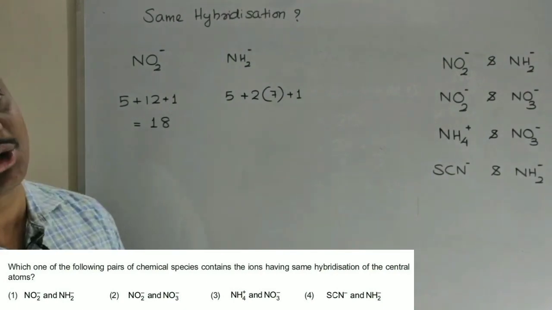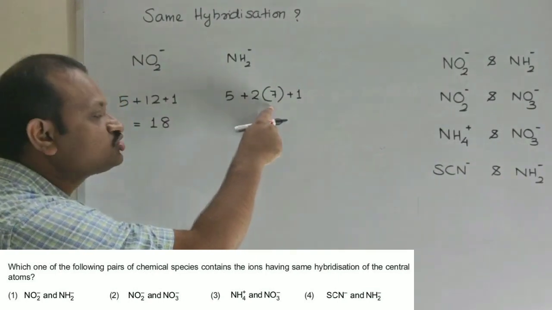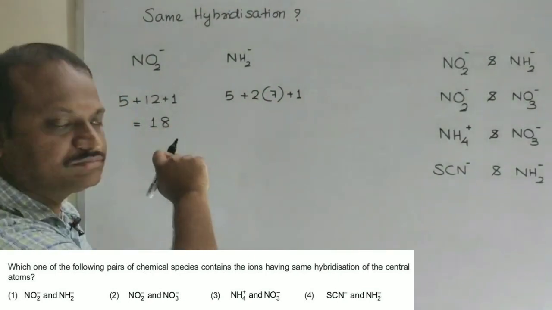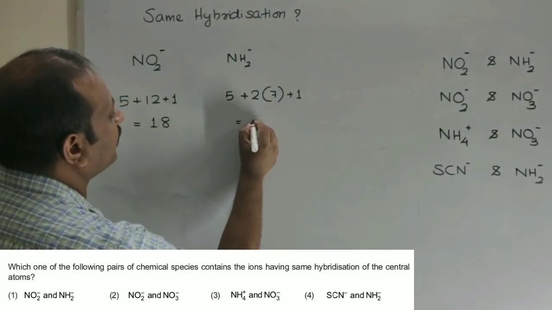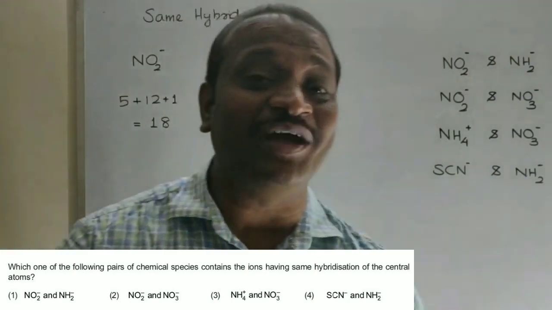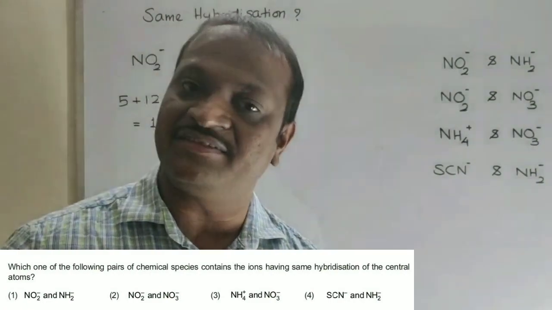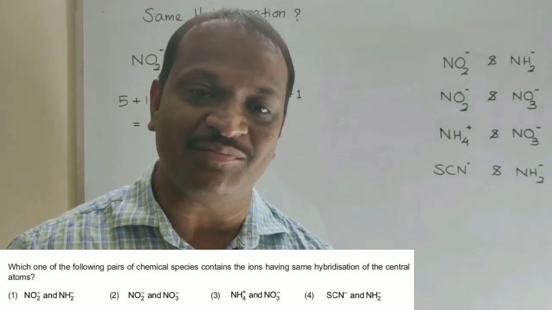So what will come as total? 2 into 7 is 14, so 14 plus 6, you are getting 20. I have got 18 in one case and 20 in the next case. By seeing this itself, I'll say that both of these do not have the same hybridization.